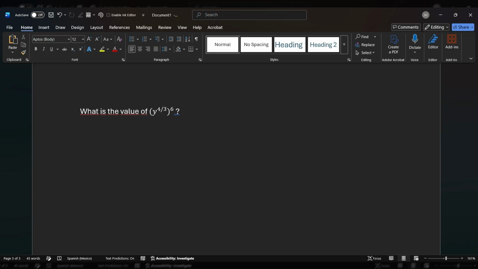So y to the 4/3 to the 6 should give you guys y, and then we have 4/3 times 6, which is equal to, now here what I would do is, instead of multiplying, I would further simplify the 6, but this is just me. All right, you can do it the long way also.